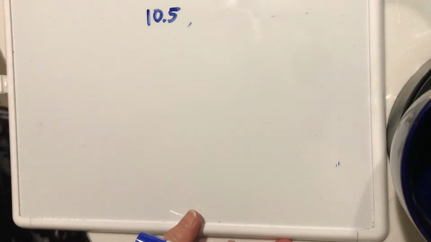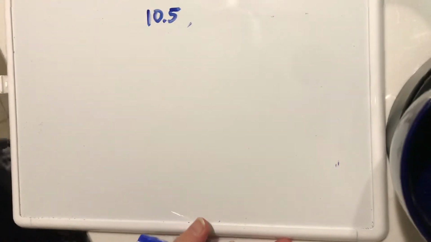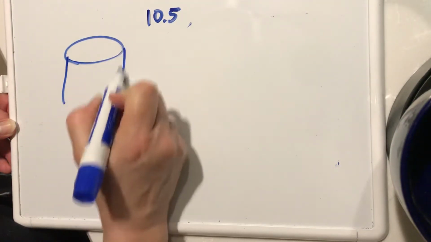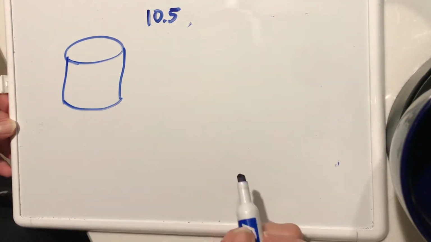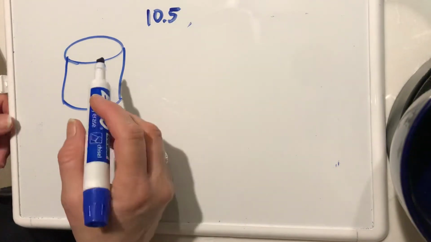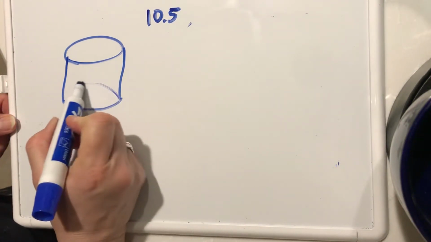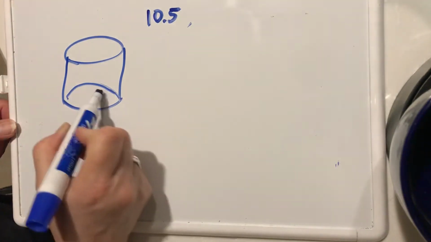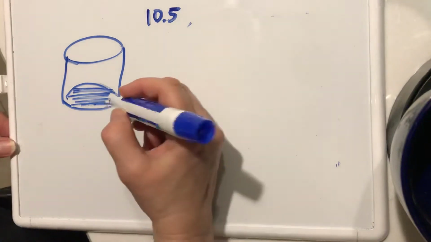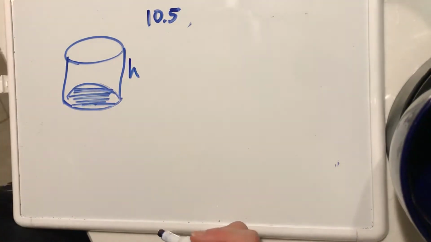All right. So one that we have is a cylinder. This is a cylinder. You can think of it like a short Coke can or something. And what we do for a cylinder is, imagine this. We take the area of the circle that's on the bottom, and then we multiply it by how tall it is.